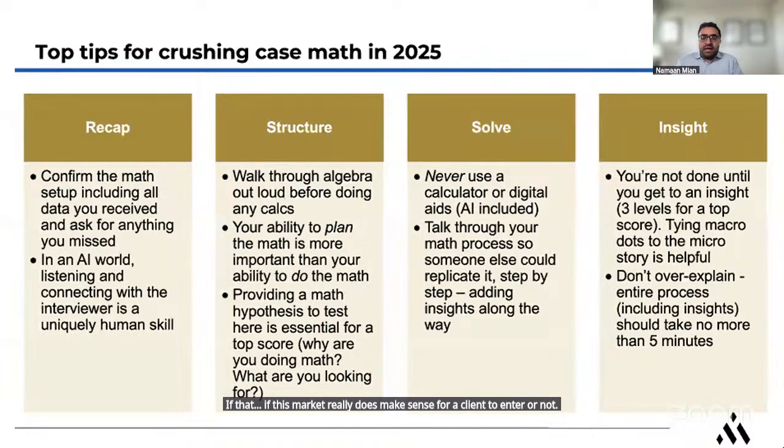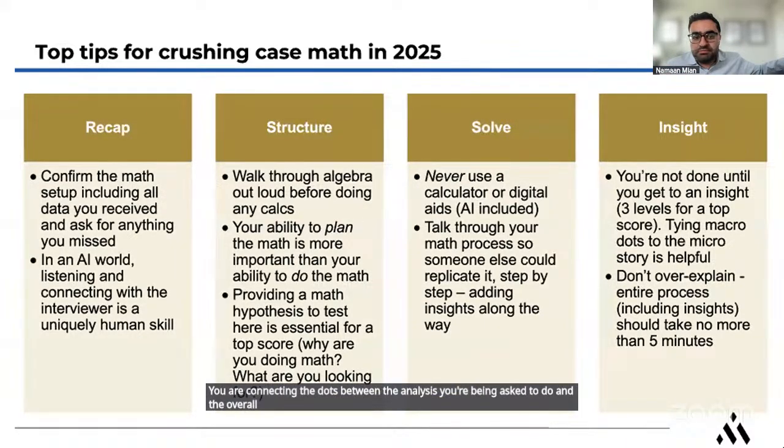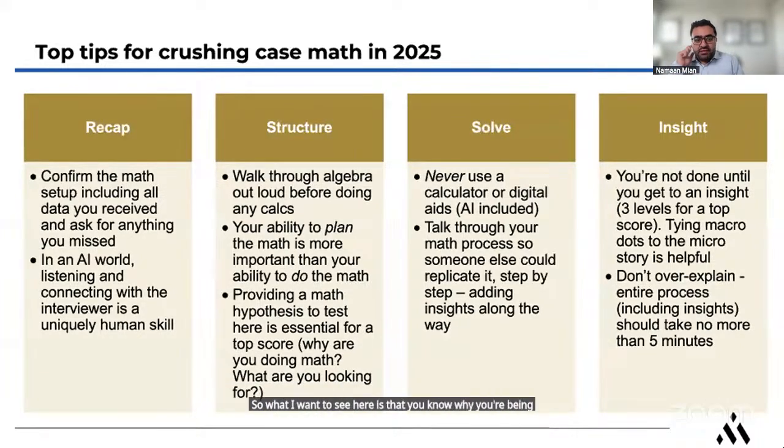You are connecting the dots between the analysis you're being asked to do and the overall business problem. So what I want to see here is that you know why you're being asked to do the math, and I want to know that you know what you're looking for. Right? Again, that ties back to the last point of planning the math. You're not just doing work for no reason, you're doing it to confirm some kind of hypothesis.